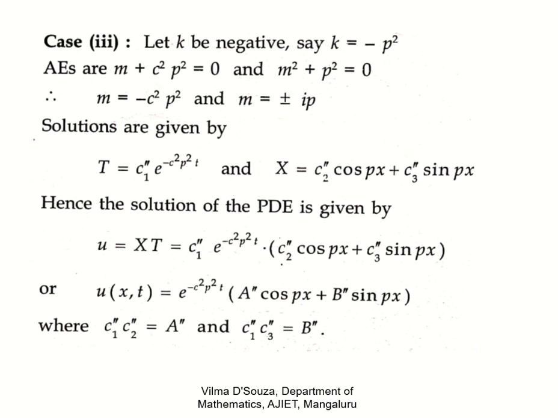Capital X is a function of x alone and capital T is a function of t alone, so partial derivatives become ordinary derivatives. Then consider the three cases: k equal to 0, k positive and k negative. So take case 1, case 2, case 3, and find the solution in each of the cases.